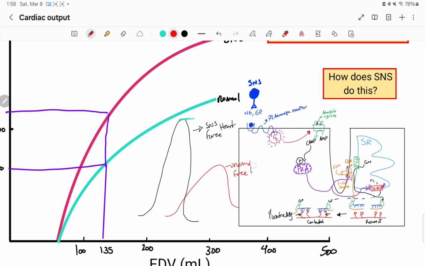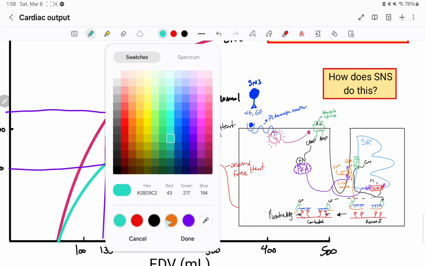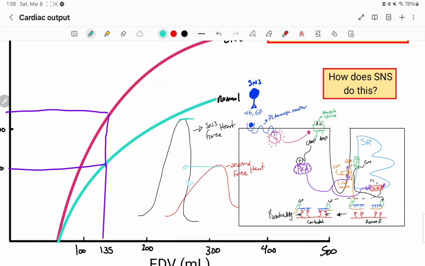Not only did the peak of force generation go up, but the rate at which I reach the peak increases, and the rate at which I relax increases as well. So I'm doing all of this faster, and so what that's doing is shifting the curve to the left, and it's shifting the peak up.